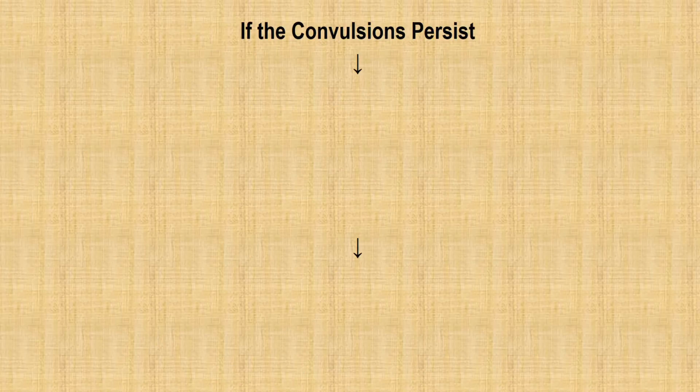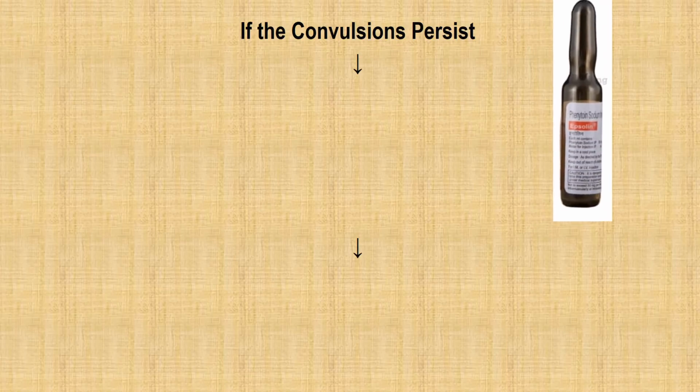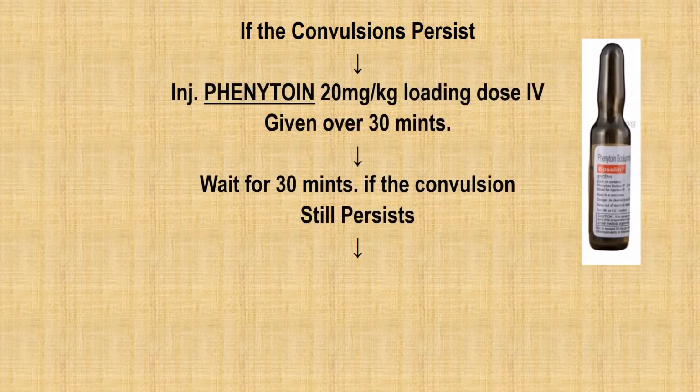If the convulsion persists after giving the phenobarbital, we can give phenytoin. Dose of phenytoin is similar to phenobarbital, 20 milligram per kilogram loading dose IV given over a period of half an hour, and the concentration of phenytoin in the injection is 50 milligram per ml.